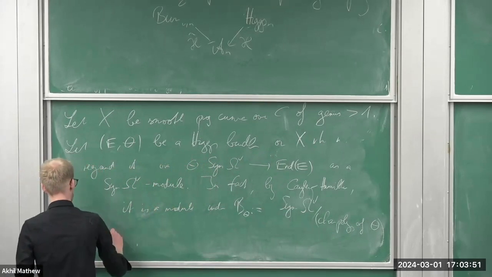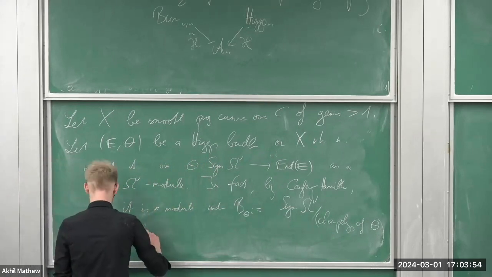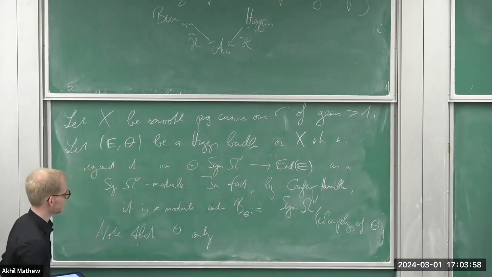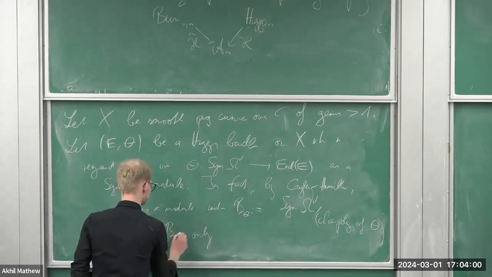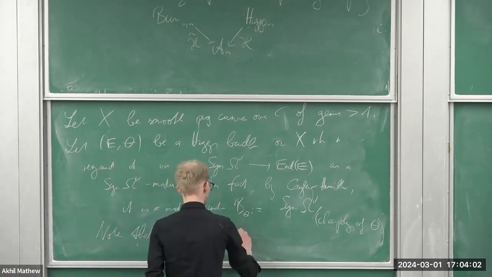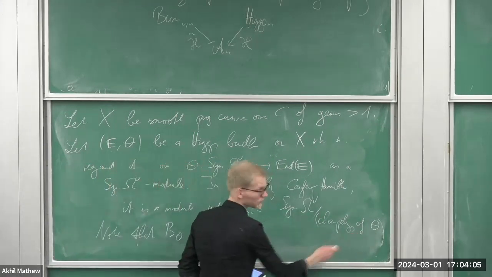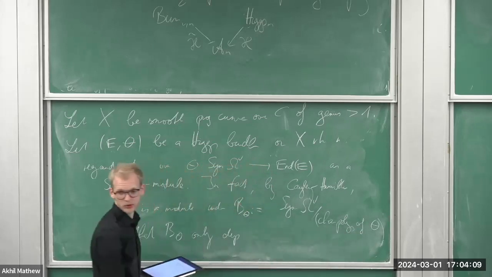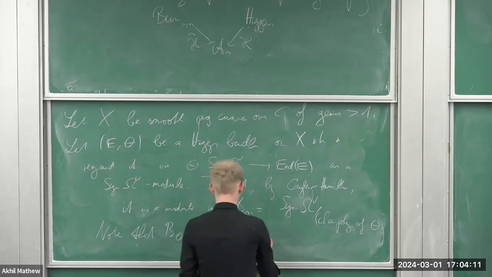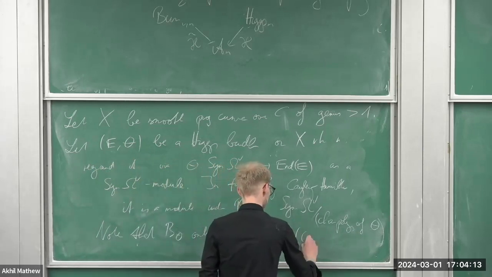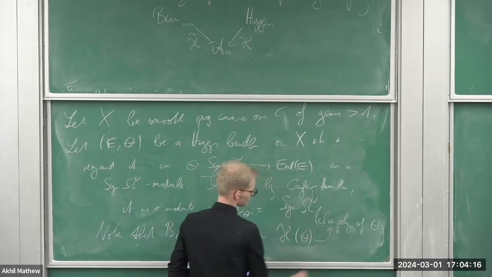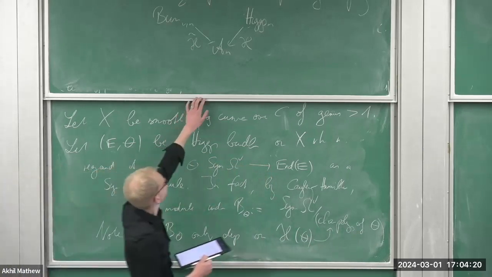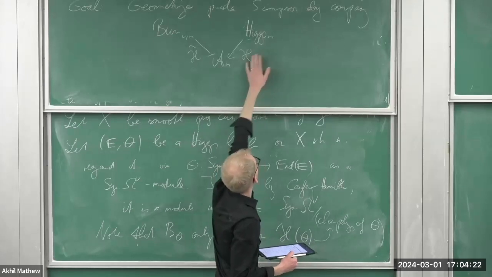Okay, and then let's observe that this algebra here only depends on theta, not on E in some sense. But also, it only depends on the characteristic polynomial, and this is precisely the Hitchin image. Right, so it only depends on the image of a Higgs bundle.